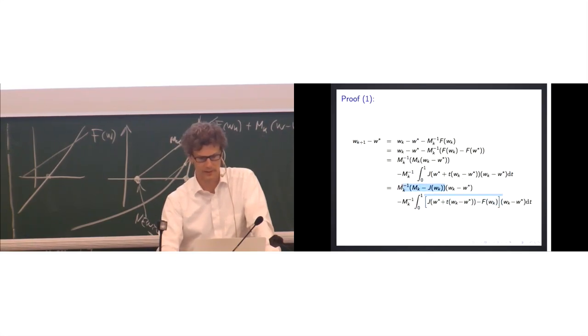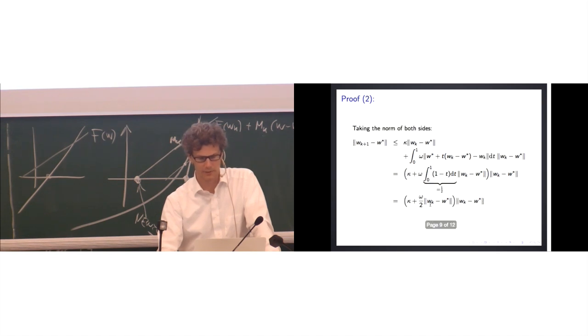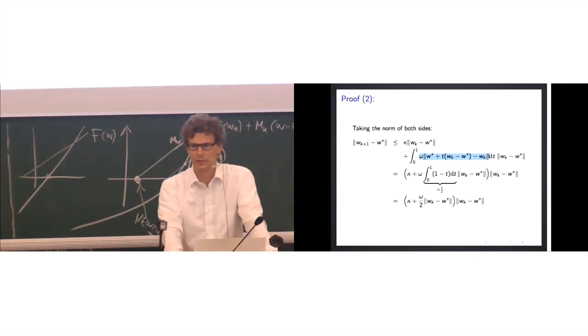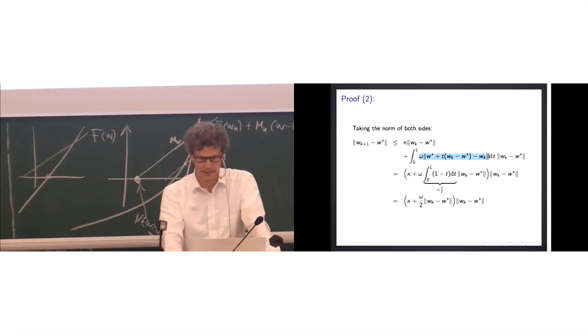Yeah, so that was kappa. And then for the second term, we keep the integral, but we take now the omega, which gives us a bound on the distance between the 2 Jacobians because of this Lipschitz property. And then we just reorder terms and see that this is basically the difference between w_k and w star.